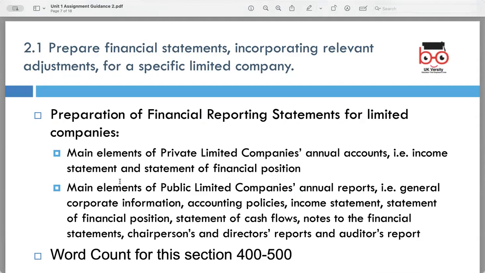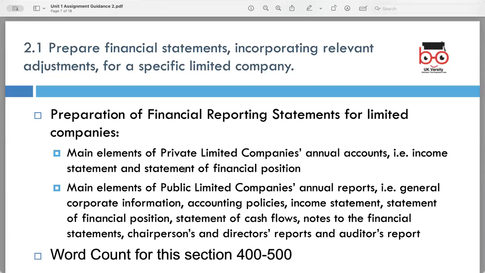The main elements of these statements, for private limited companies: the income statement shows the company's revenues, expenses, and profit over a specific period. Then the statement of financial position displays the company's assets, liabilities, and equity at a specific point in time.